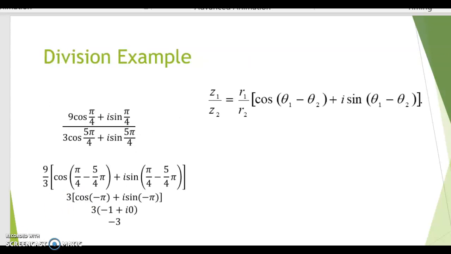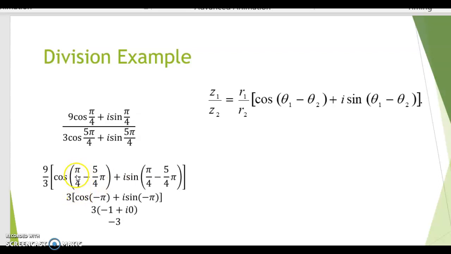Division example. Our formula tells us to divide our R values from top to bottom. So 9 divided by 3 is 3. In our parentheses, in our final answer, we are told to subtract the measures of our angles, our theta values, from top to bottom. So pi by 4, subtract 5 pi by 4. In both parentheses, we have to actually perform that subtraction.